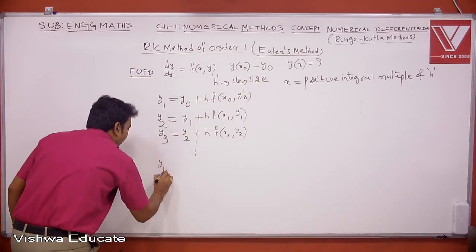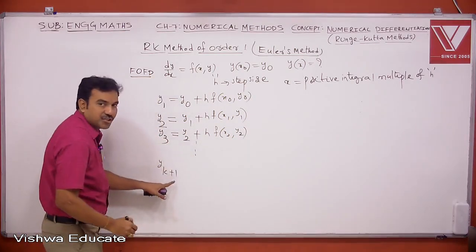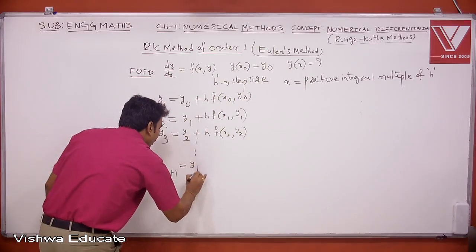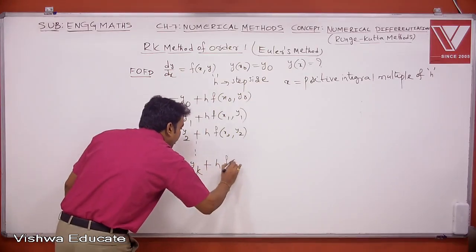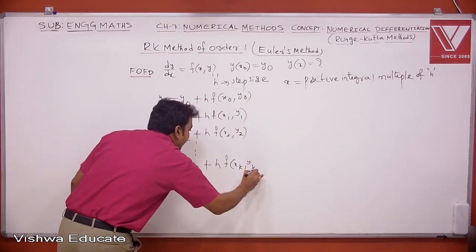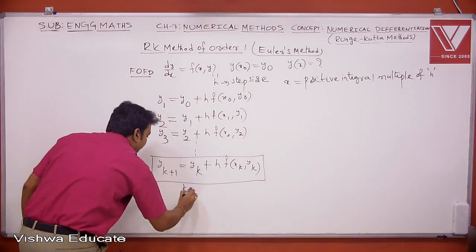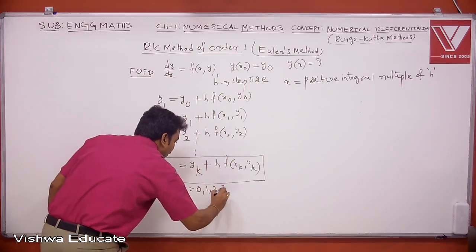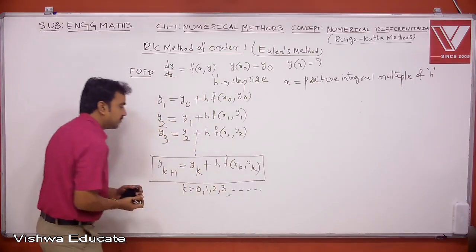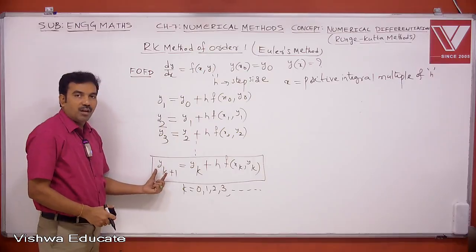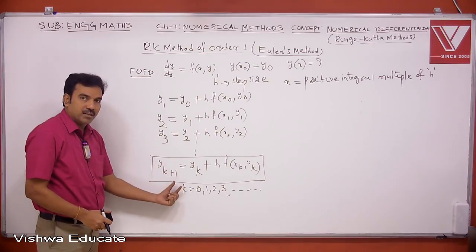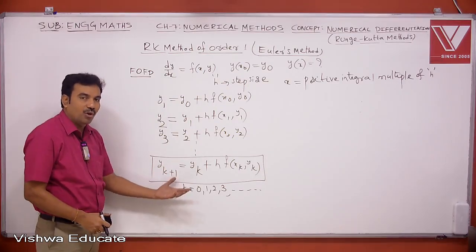If you ask me what is the value of y in the k plus 1 iteration, this is given by yk plus h into f of xk comma yk. Here k values start from 0 onwards: 0, 1, 2, 3, etc.